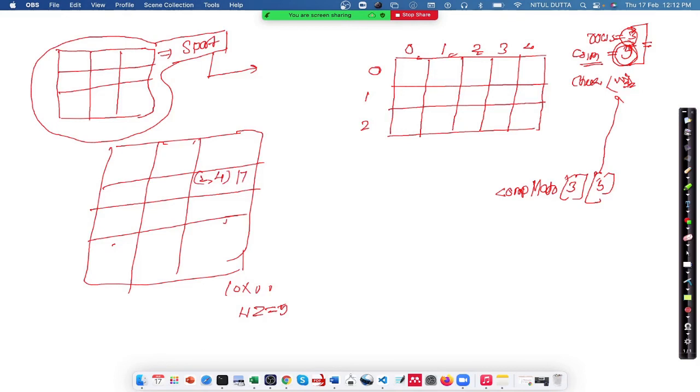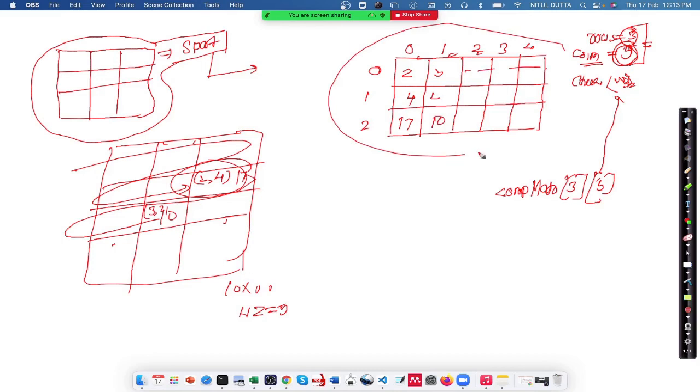What I will do is, the first element, I'll go this way. This is the first element. I'll put 2 here, 4 here, and the element 17 here. Again, suppose somewhere here we have another non-zero element 10, at row 3, column 2, for example. So I'll put 3 here, 2 here, and the element 10 here. That way I'll go.